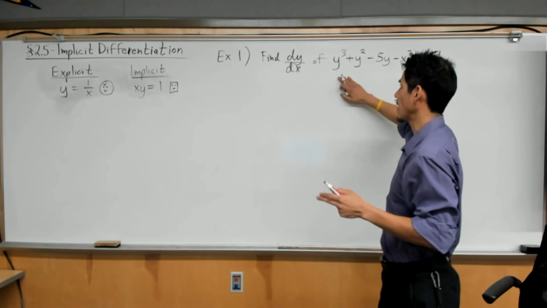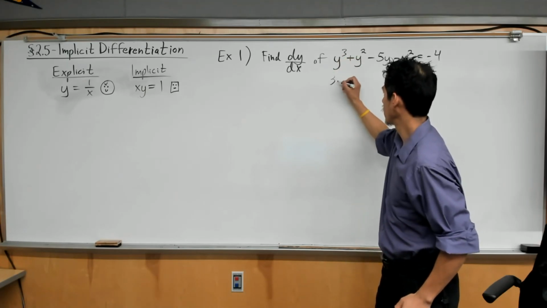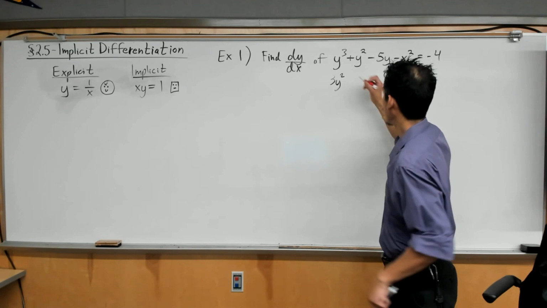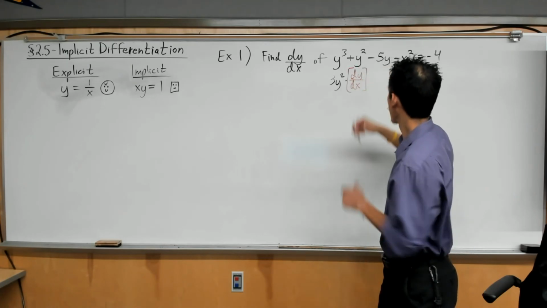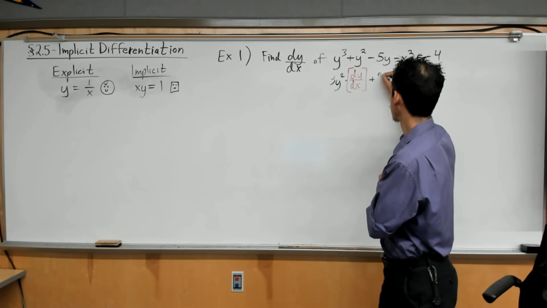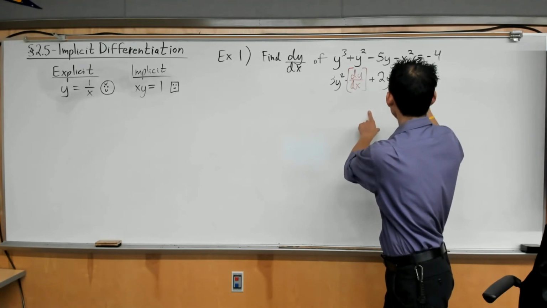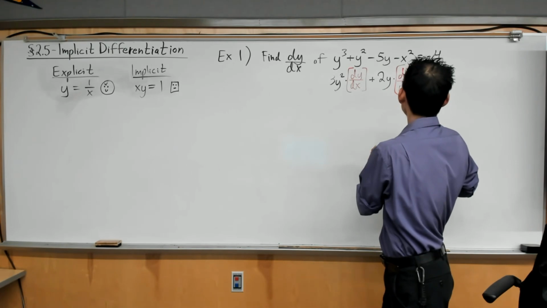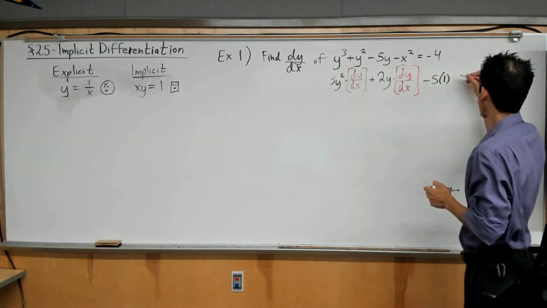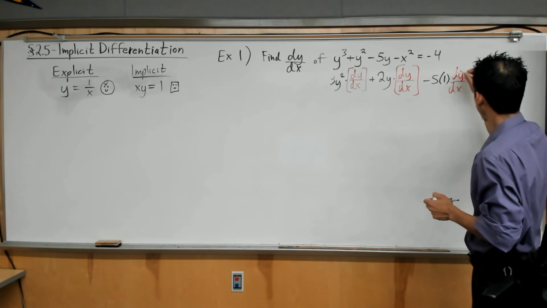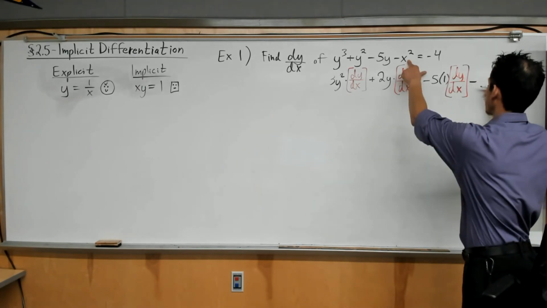Whenever we take the derivative of y, we're going to multiply by dy dx. So we use the same power rule here, 3y squared times dy dx, plus here 2y, take the derivative, dy dx, minus 5 times 1 times dy dx, minus the x squared.